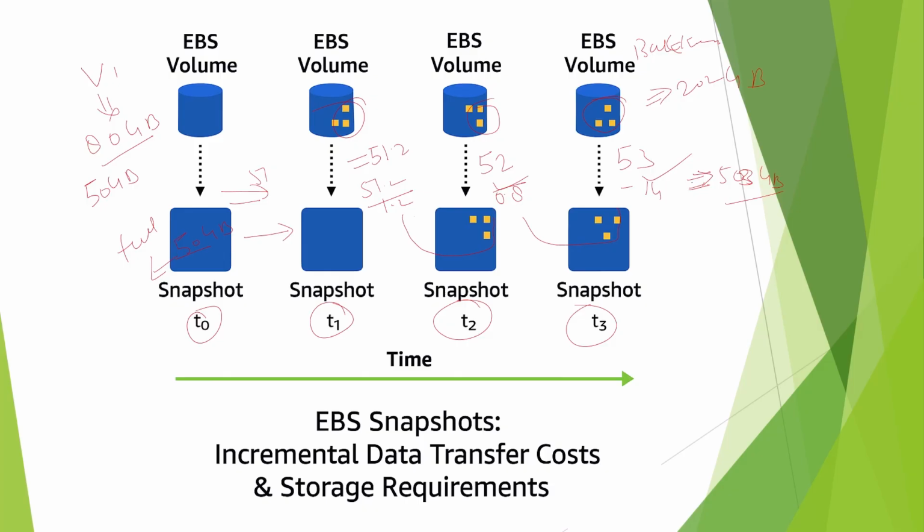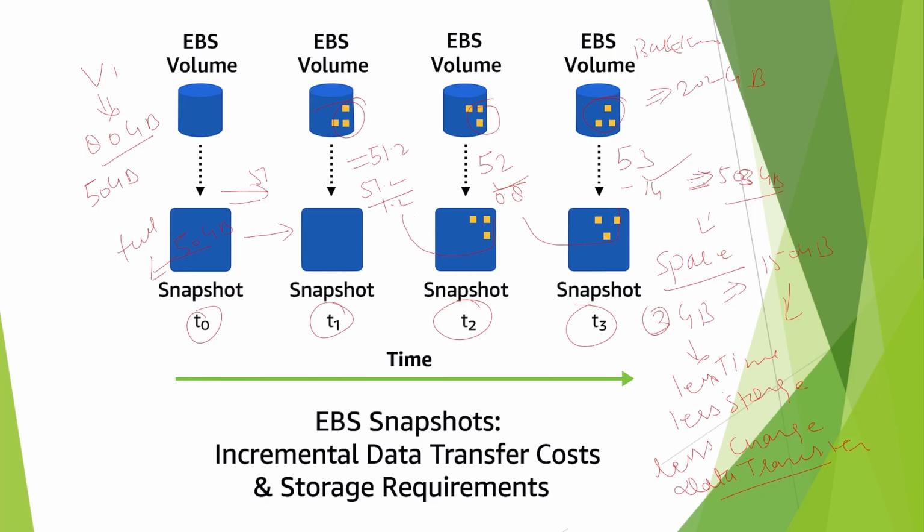Okay, first thing, the space is much less as compared to the first one, the full backup. Second thing, if you transfer 3 GB as compared to 150, as an example, then it takes less time, less storage, as well as fewer charges for data transfer.